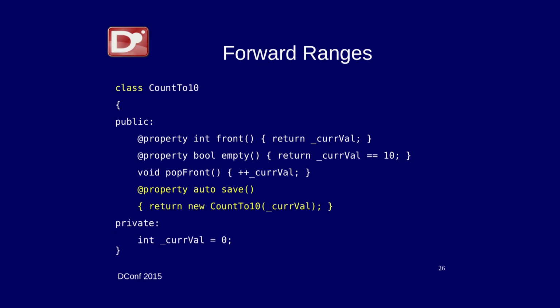However, if you implement a forward range as a class and you don't have save, it's not going to work right because it's a reference type. So you are forced to declare save and return a new value, which likely means allocating on the heap, which was one reason not to use reference type ranges unless you actually need them.